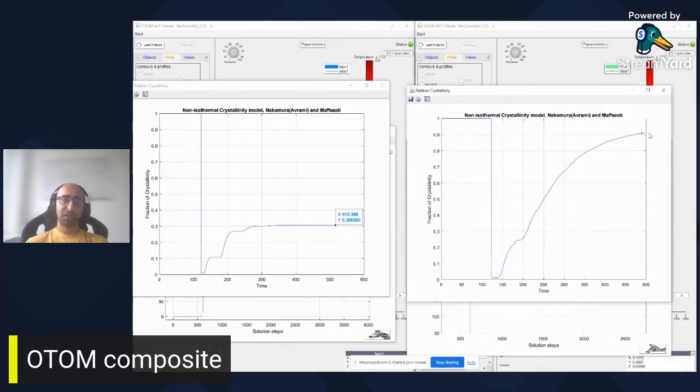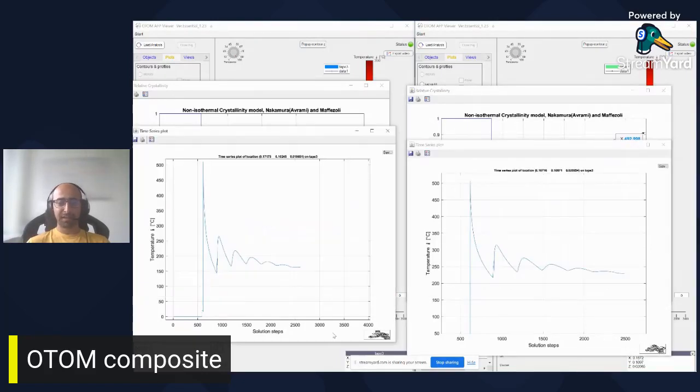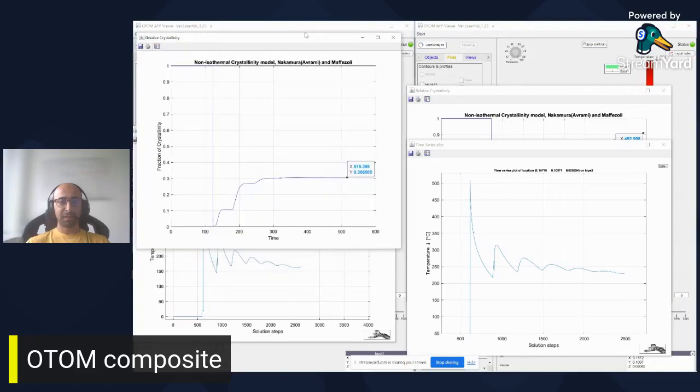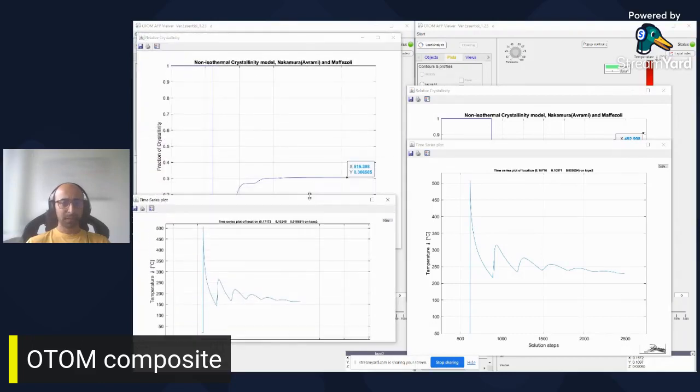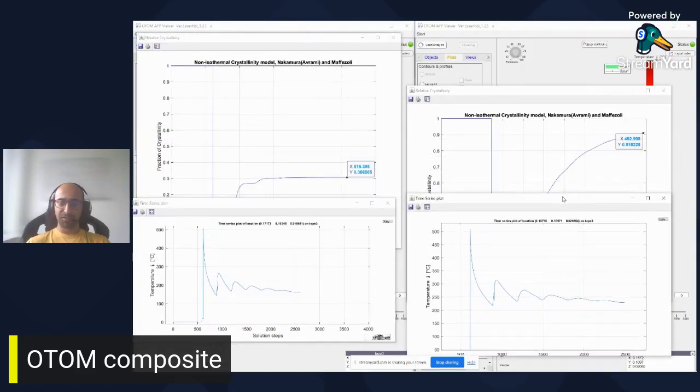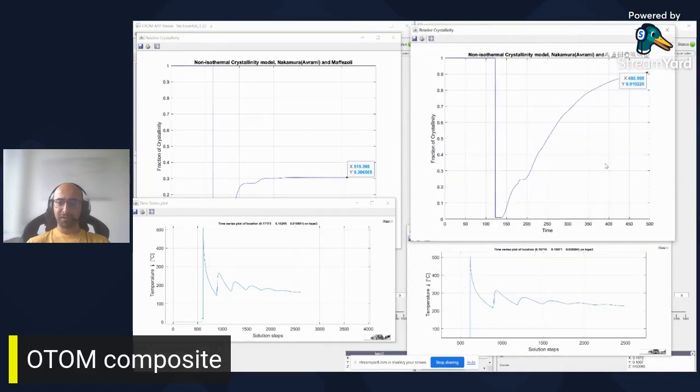We almost got a fully crystalline material like 0.9 at the end of the process. And here we got 0.3. So in this example, with a little bit higher time step, we almost got a fully crystalline material at the end of the process.